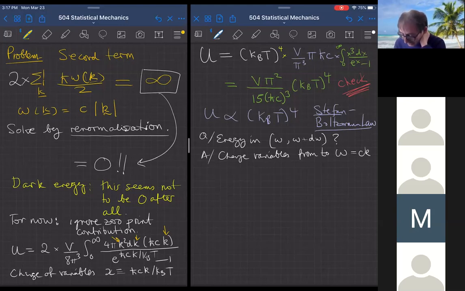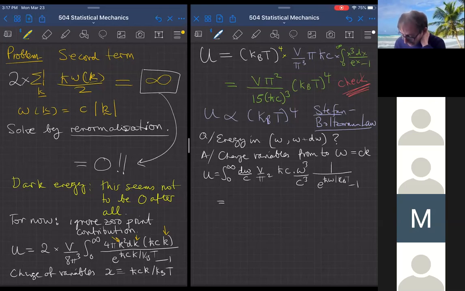Then what I get is that u is equal to the integral from 0 to infinity d omega over c, V over pi squared h bar c, omega cubed over c cubed, and then 1 over e to the h bar omega over k_B T minus 1.